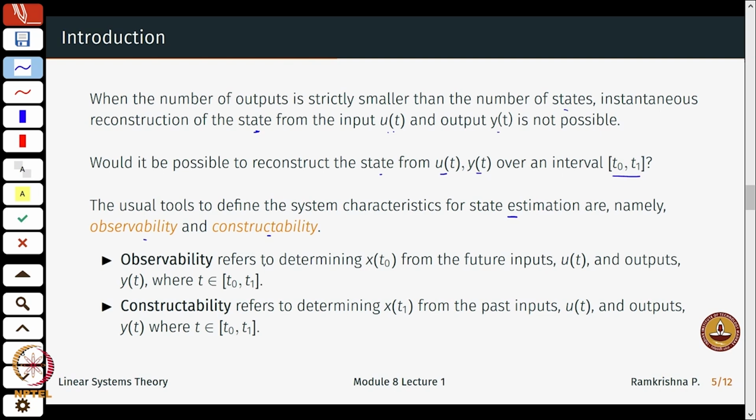Observability refers to determining x(t0) from the future inputs u(t) and y(t). So I know all these measurements, u(t) between t0 and t1, y(t) between t0 and t1, can I actually construct x of t0?